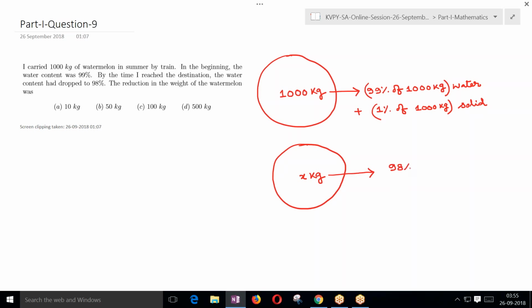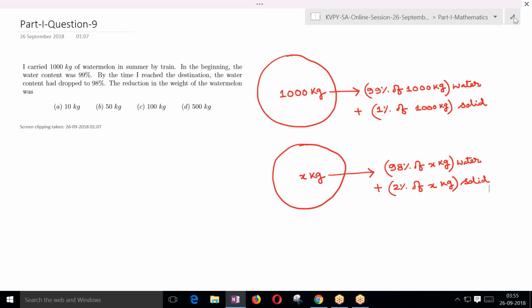Then the remaining part, the 2% of x kg, is now solid.